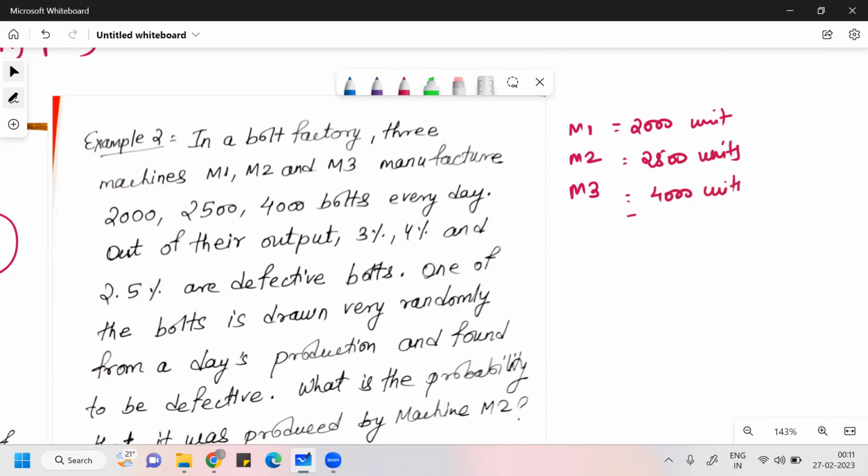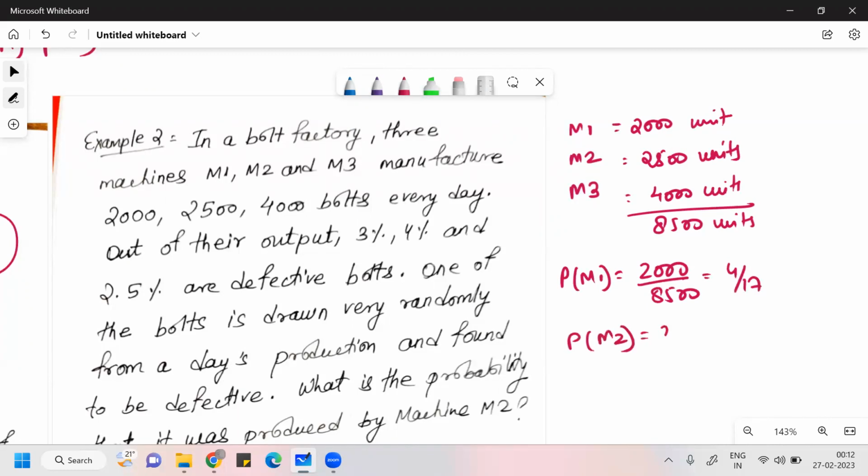Then in total you have 8500 units. So what is the probability that you choose machine M1? That would be 2000 by 8500, so that would be 4 by 17. What is the probability you choose machine M2? That would be 2500 divided by 8500, that will be 5 by 17.